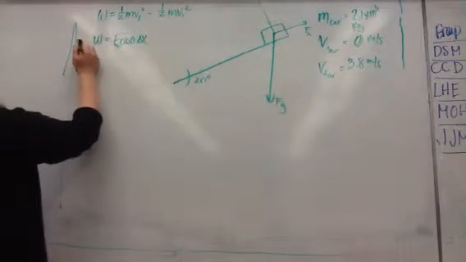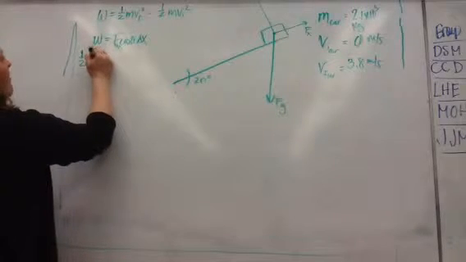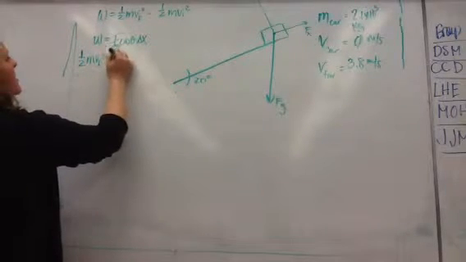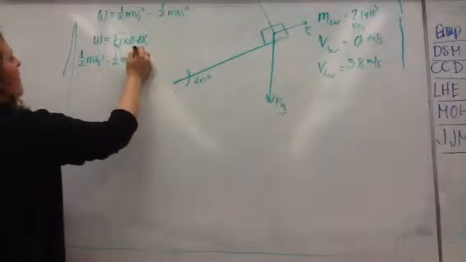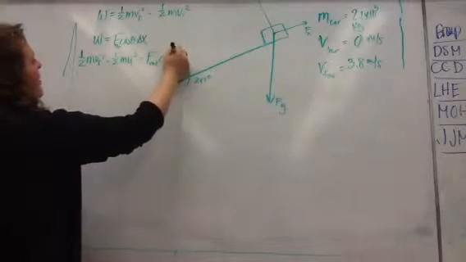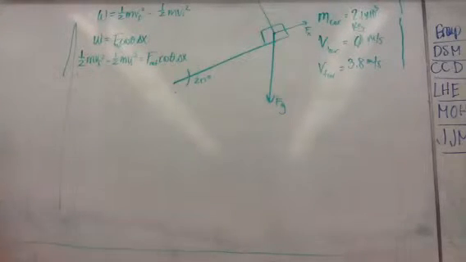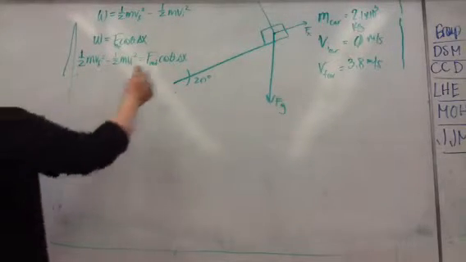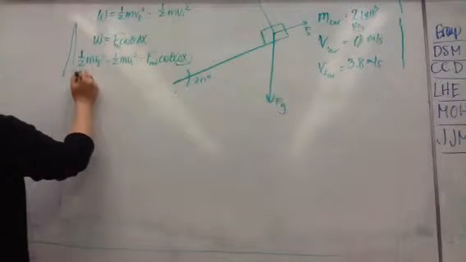Okay, so let's do that. 1/2 m v_f squared minus 1/2 m v_i squared equals net force cosine theta delta x. Are you starting to see something you can work with here? Yeah? Okay. So let's rearrange to solve for that.